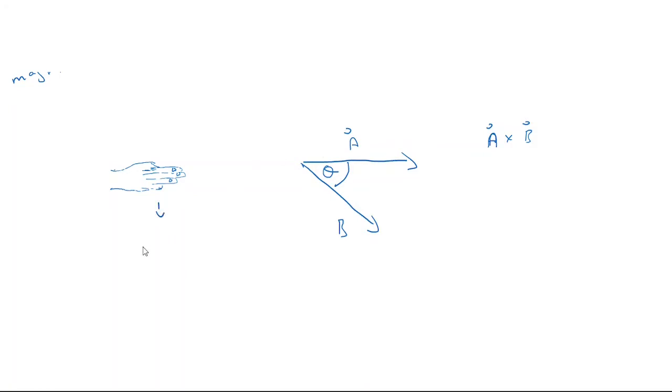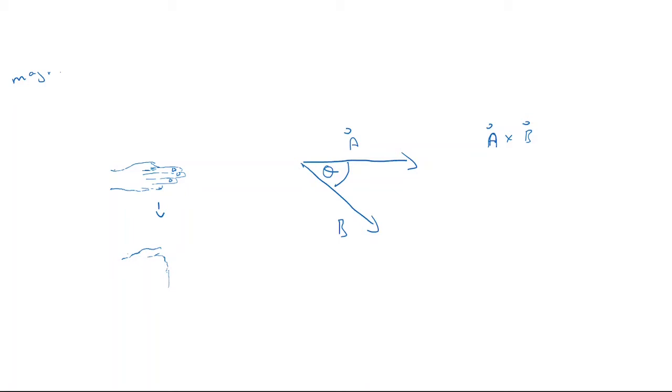Now the second step is to curl those fingers towards the second vector. Maybe your thumb will be left like this, and then you curl all your fingers towards the second vector. I'm drawing it incorrectly.